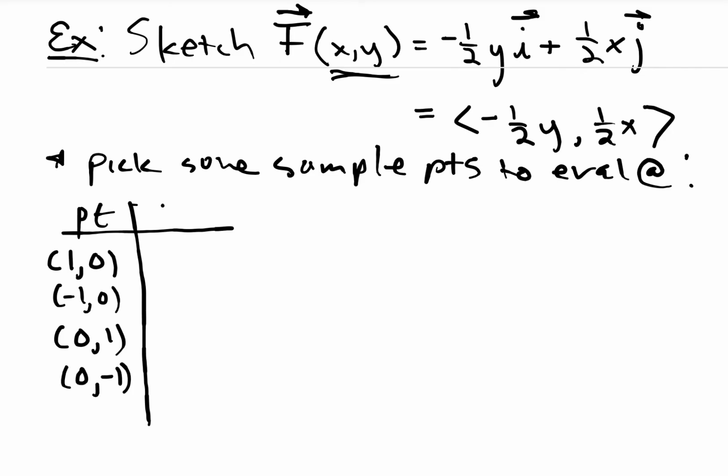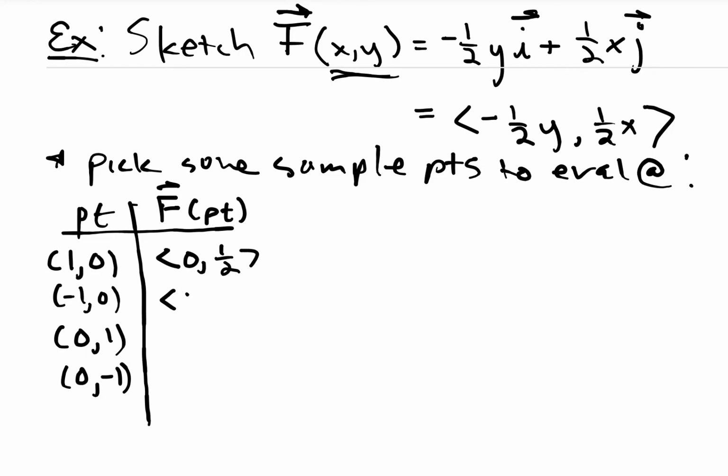And then what I'm going to go ahead and do is see what happens if I actually plug in that point to my function. So I'll just go ahead and kind of talk through this here. For this very first point, we've got 1 is my x value and 0 is my y. That's going to knock off this first term here. But 1 was my x value, so I get a half.